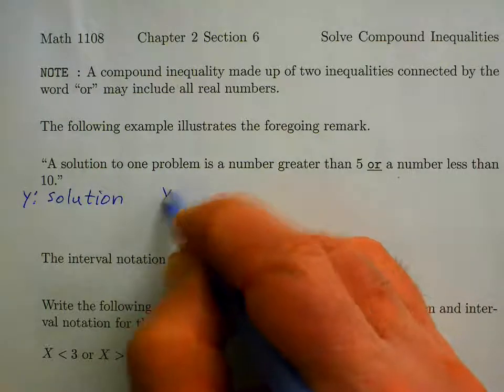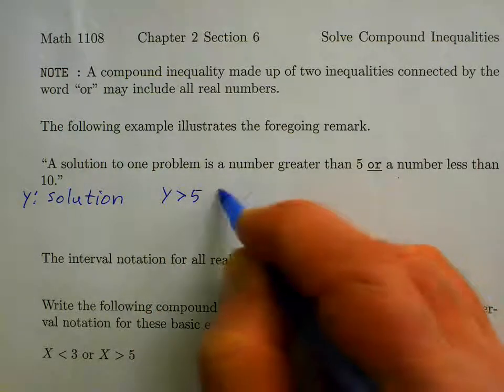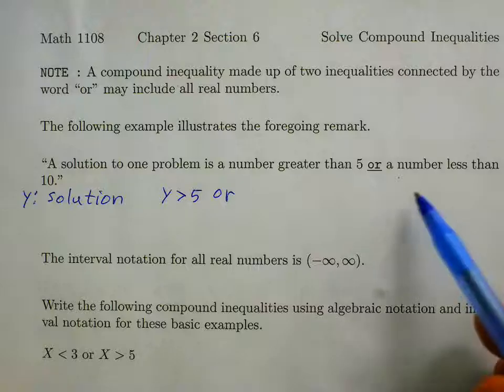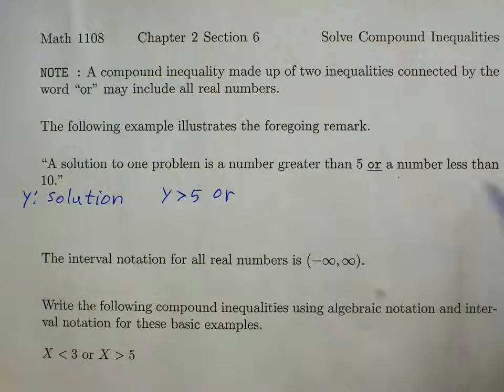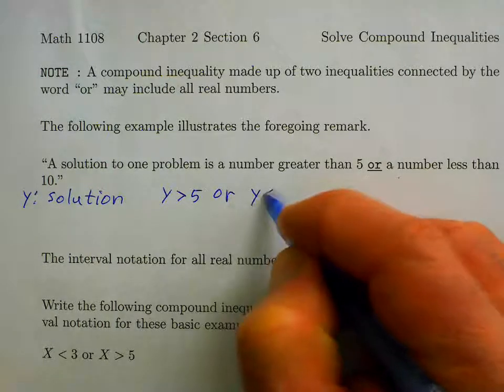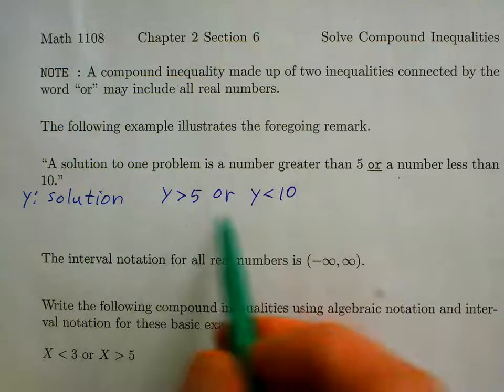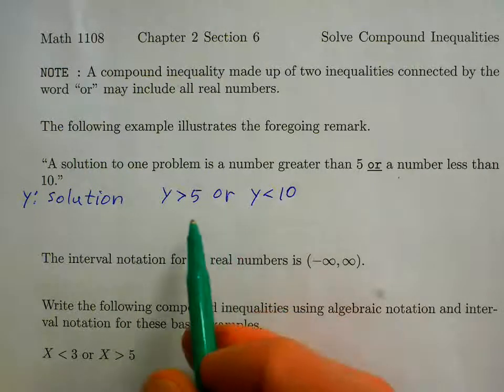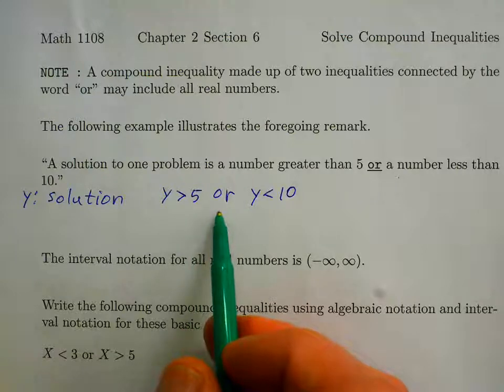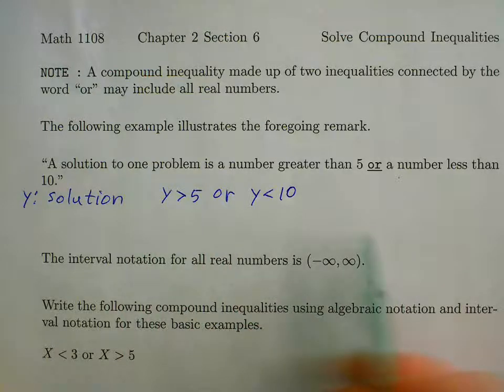So Y could be greater than 5, or the number Y could be less than 10. Y is less than 10. Remember, when the word or is used, we're going to write the union of all of the numbers. We're going to combine all of the numbers.